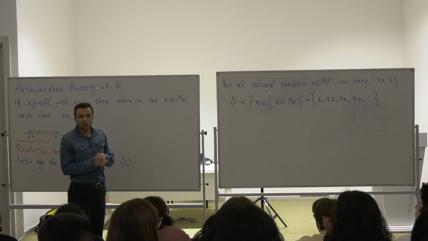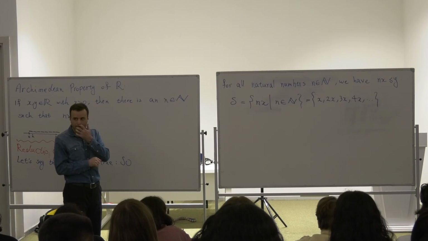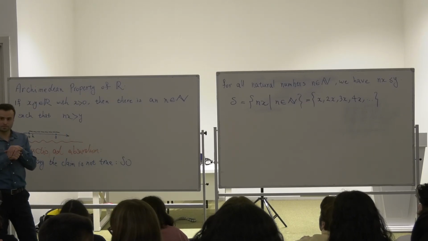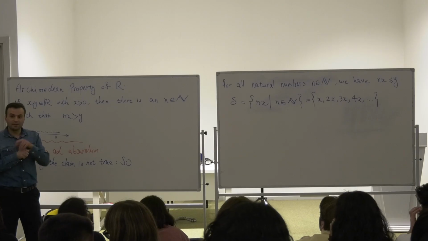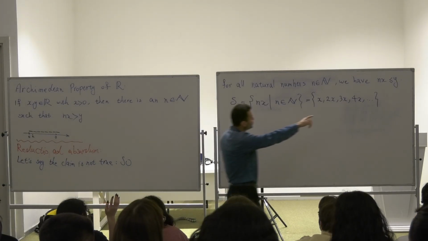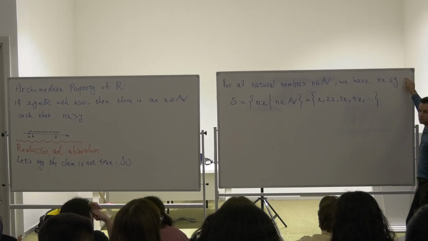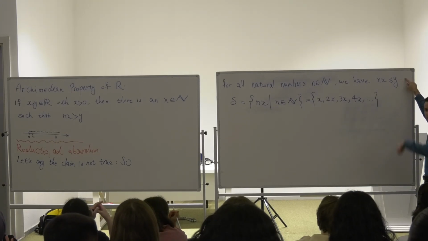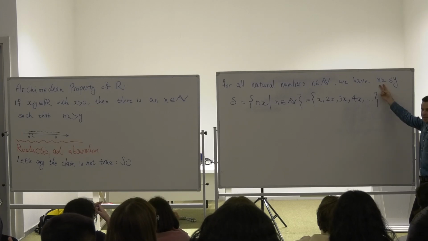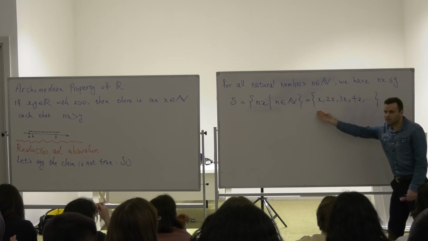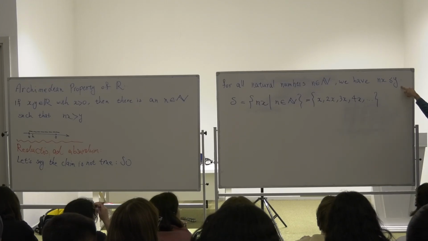Is this set bounded from above or not? Why not? There is no limit, we don't know. We haven't yet talked about the idea of limits, but look at this. What do we have here? What is our assumption? We said that no matter what natural number you take, this nx is going to be less than or equal to y, which means that all of these elements are going to be less than or equal to y, right?